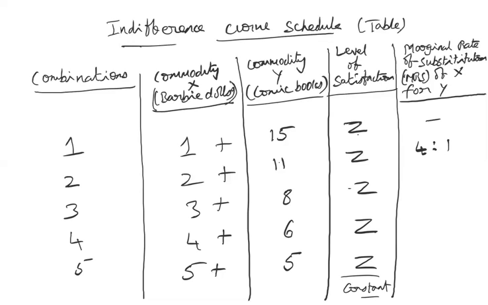Later, she's willing to sacrifice only 3 comic books for one additional Barbie doll. Later still, only 2 comic books for one more additional Barbie doll. And still it further decreases to 1:1. Okay. So this is what is the marginal rate of substitution.